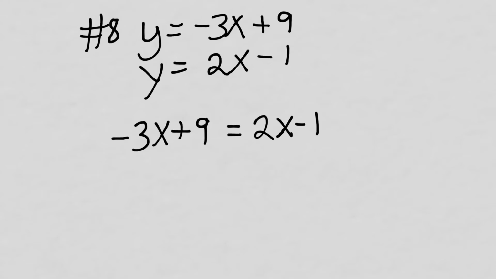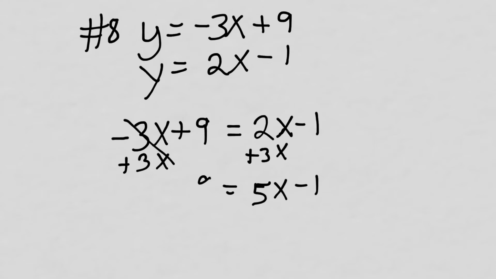And then we solve. All right, I'm going to add 3x to both sides. I do that so I can get rid of the x's on the right. Minus 3x plus 3x equals 0, so that just goes away. I end up with 5x minus 1 equals 9.